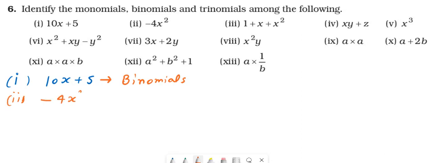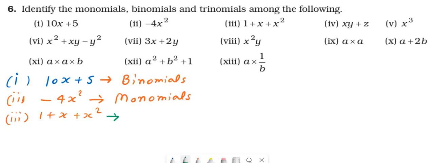Beta, it has only a single term, so it is called a monomial. Now beta, the third part. In the third part, it is written 1 plus x square. So now beta, it contains three terms, so it is called a trinomial.